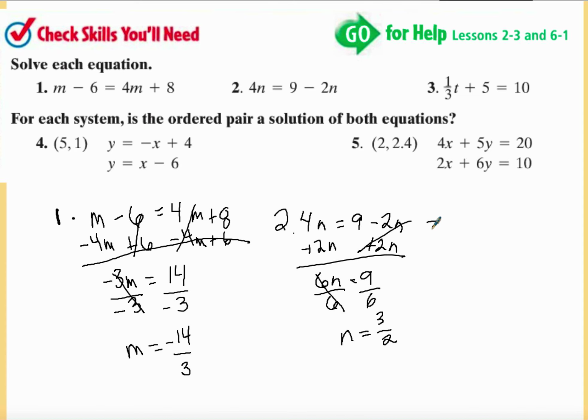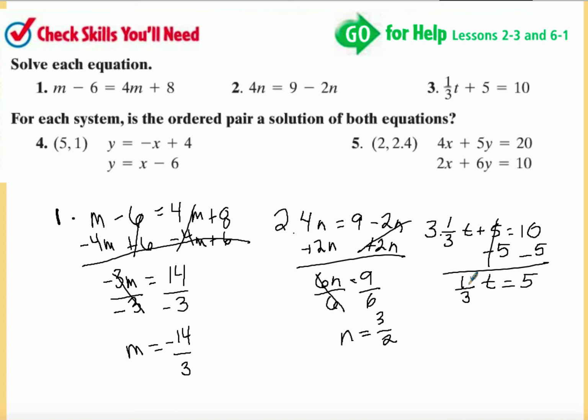And lastly, for problem 3, we've got 1/3 of t plus 5 is equal to 10. And I'm going to start by subtracting 5 to the other side. And I've got 1/3 t is equal to 5.